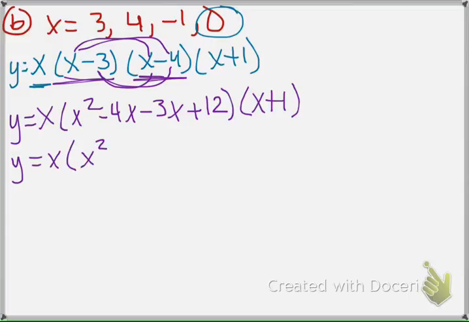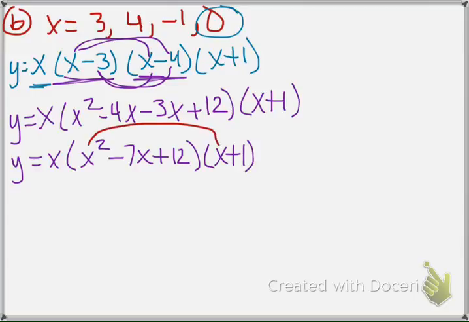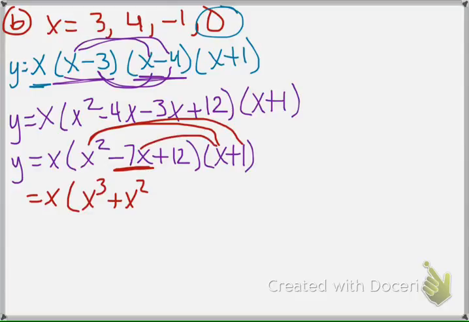We combine terms here. It becomes a negative 7x plus 12. Is that correct? Mm-hmm. All right. So then we'll go negative x squared times x, x cubed, negative x squared times 1, negative 1x squared, negative 7x times x, negative 7x times 1.